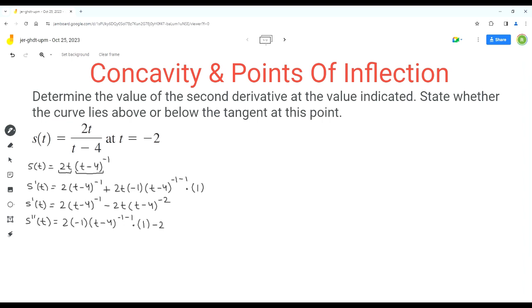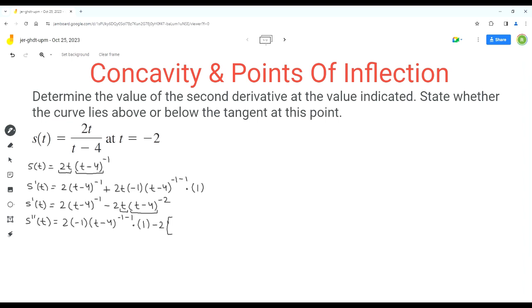And now we can use brackets because we'll have to use product rule. In the second part, there are two functions. One is t and the other one is t minus 4 exponent -2. As per the product rule, we'll start with the derivative of the first function.